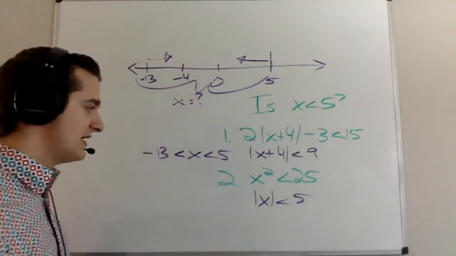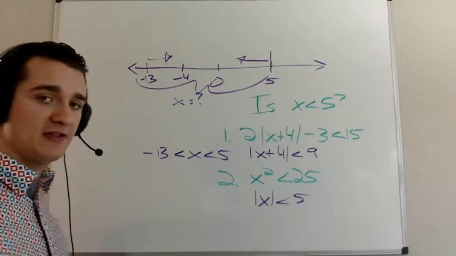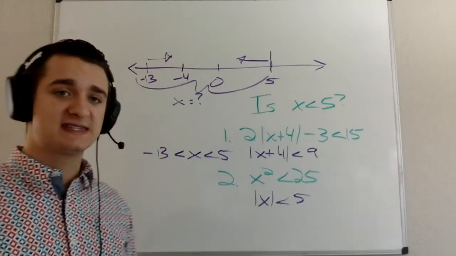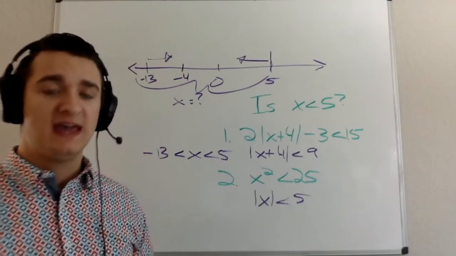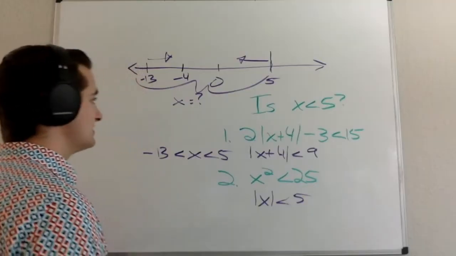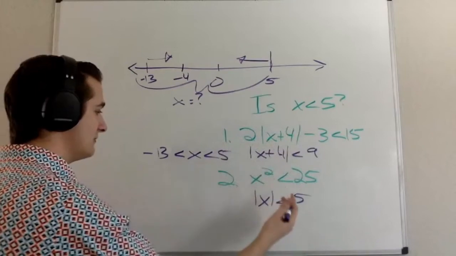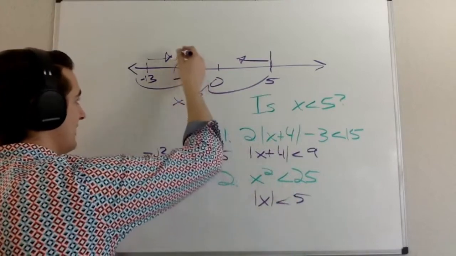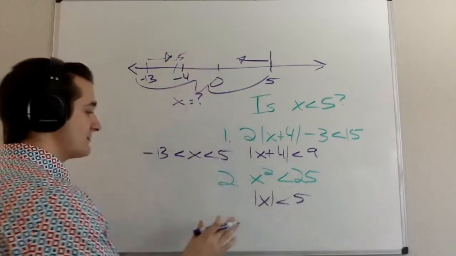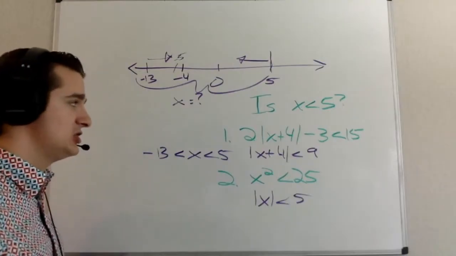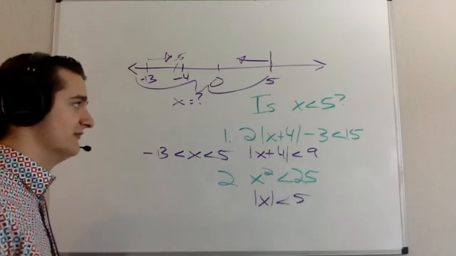And if I know the absolute value of x is less than 5, again thinking about things in terms of distance, the distance of x from 0 is less than 5, which means that x is going to be between the number that's 5 to the right of 0, which is 5, and the number that's 5 to the left of 0, which is negative 5. So from statement 2, x falls in the range of negative 5 to 5. Again, that's sufficient to tell me that x is less than 5.